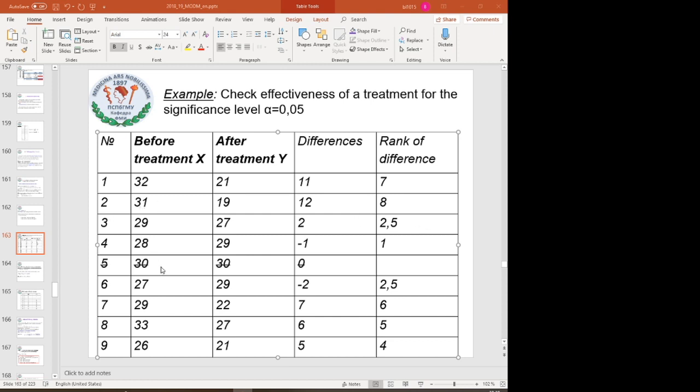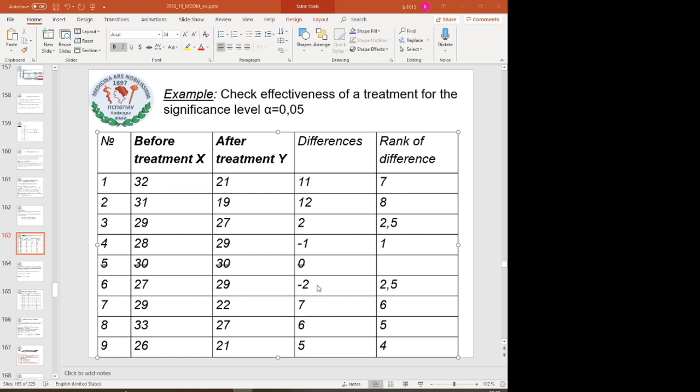For the fifth patient, our feature is not changed, and for the sixth patient it increased, and for the other three patients the value decreased.